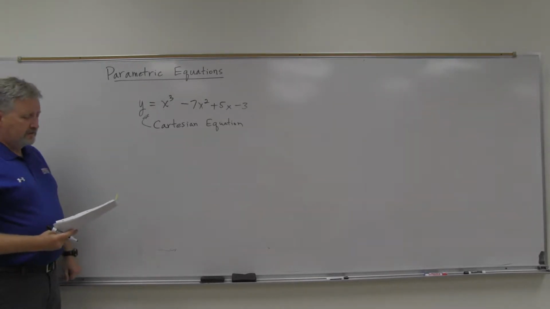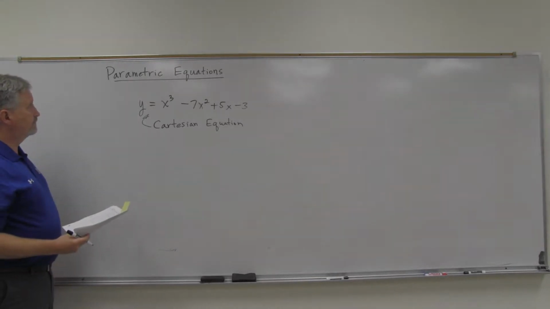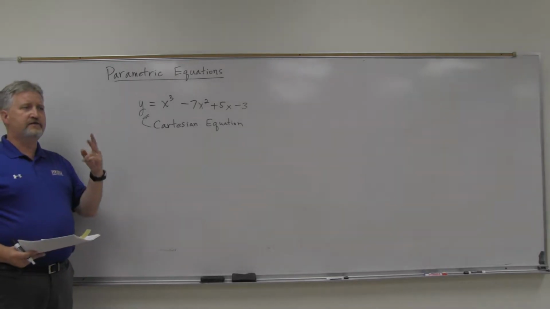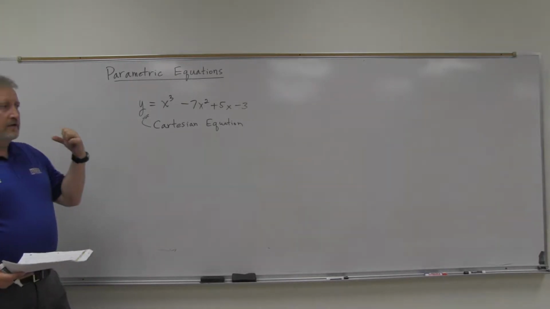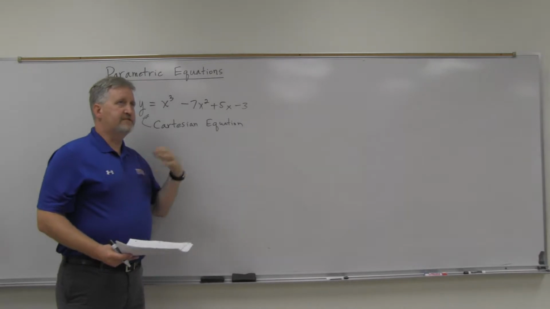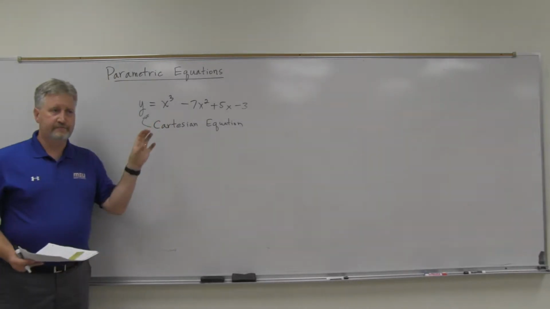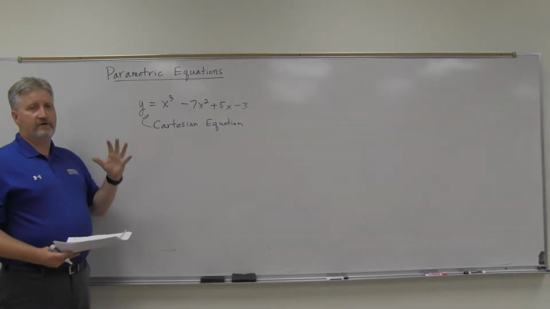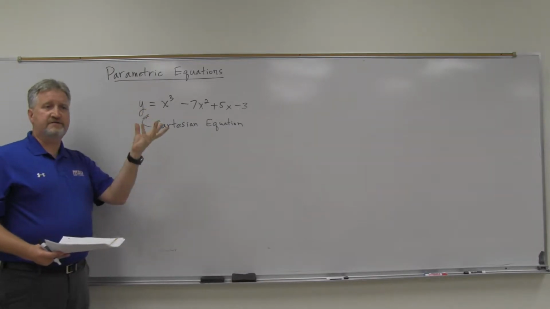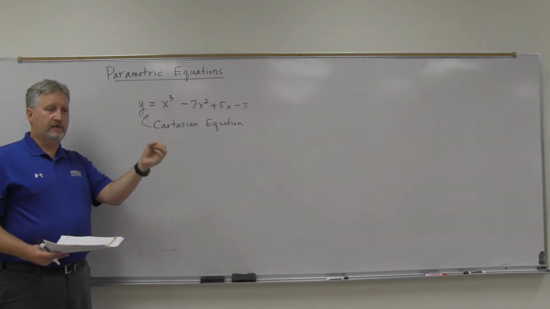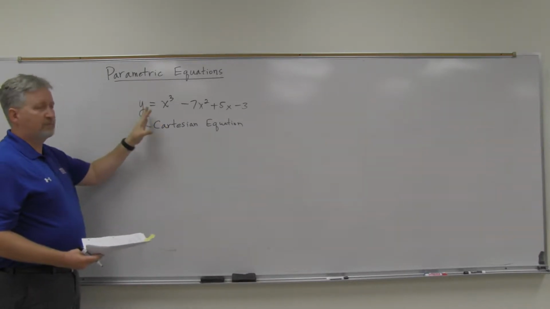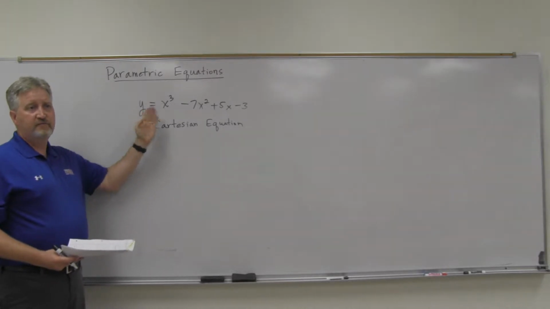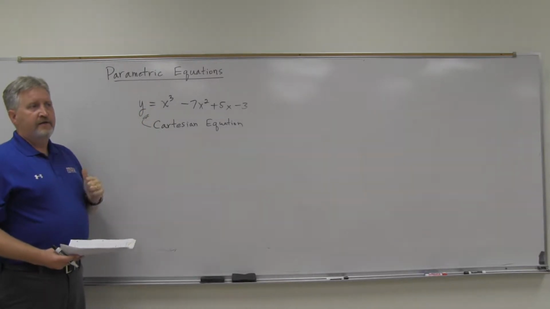And parametric equations, what we do there is, instead of one equation, if you think about the graph, this just gives us a set of points, x comma y's. Plug in an x, you got a y.